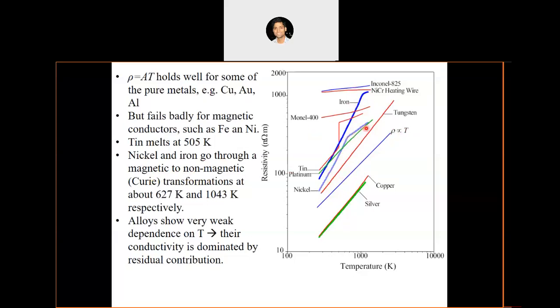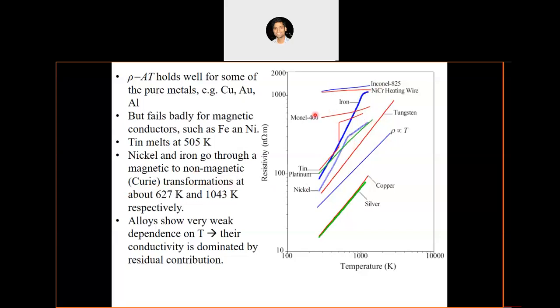Because magnetic materials have different atomic vibrations, or they behave differently. So that's why this relationship is not followed for magnetic materials. And once there is a transition from magnetic to non-magnetic, which is known as the Curie temperature, we see again that the relationship is followed by these metals also.